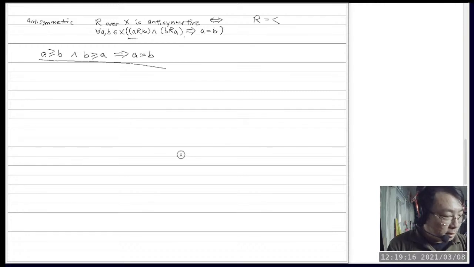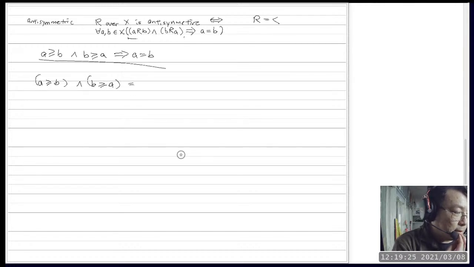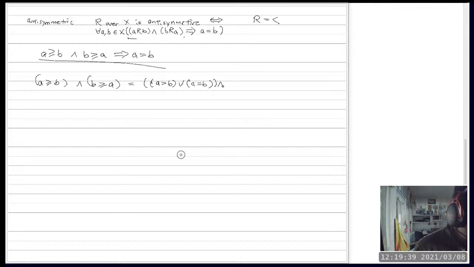We'll say A is greater than or equal to B and B is greater than or equal to A is equivalent to A is greater than B or A equals B, and B is greater than A or B equals A.